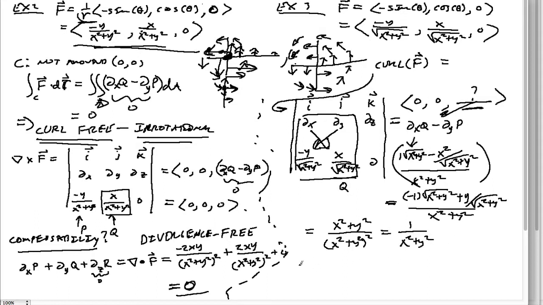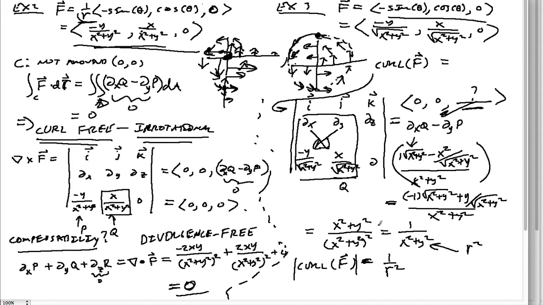So the curl of f in this case is going to be, for every point at a given radius around the circle, the magnitude of the curl is going to be equal to 1 over r squared, because that's r squared, the distance from the point to the origin.